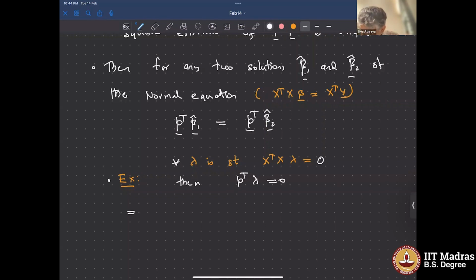So what does this imply? That P is orthogonal to lambda.